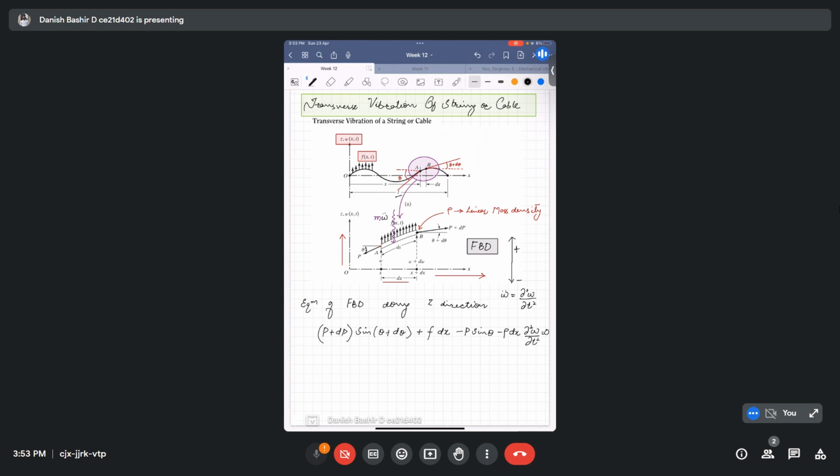And I already mentioned P is the tension, rho is the mass per unit length, theta is the angle deflected from the x-axis.